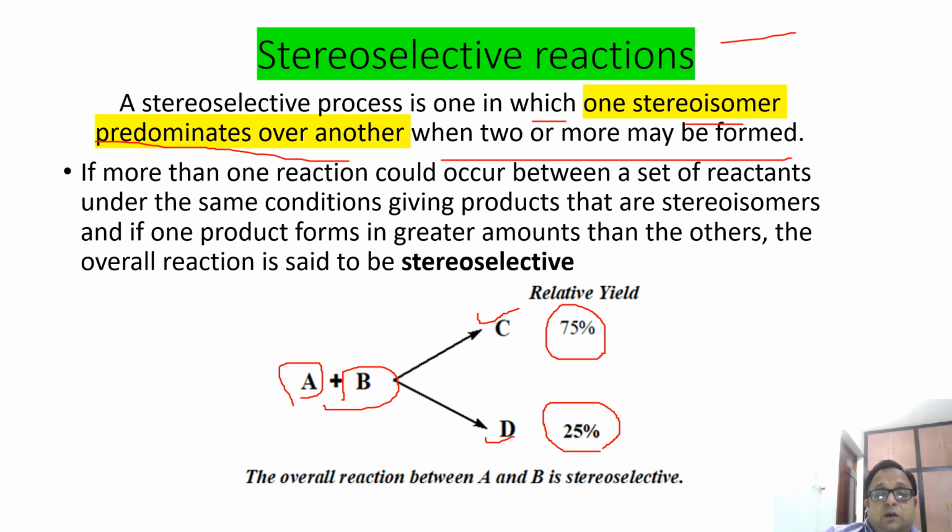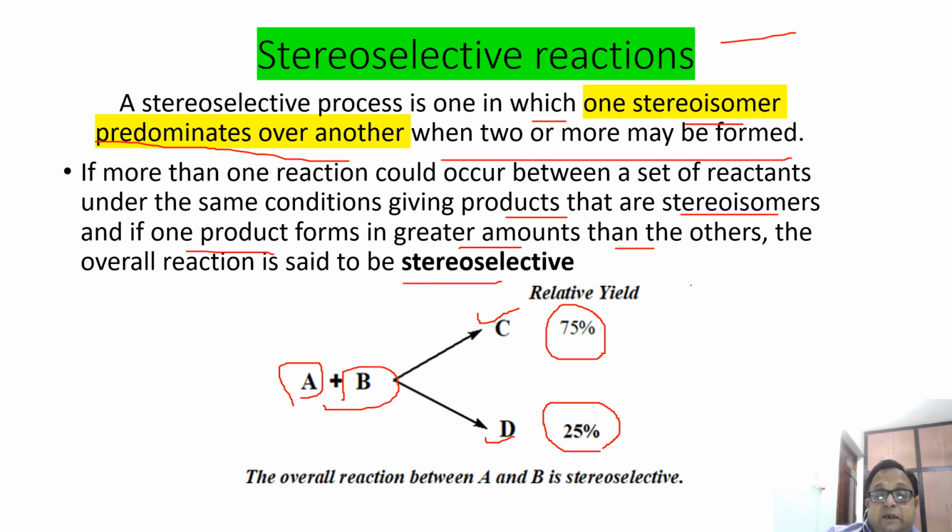So if more than one reaction could occur between a set of reactants under the same condition, giving the products that are stereoisomers and one product forms in greater amount than others, the overall reaction is called stereoselective.